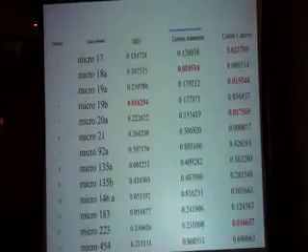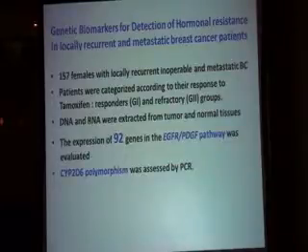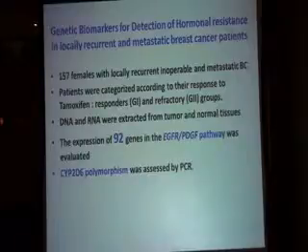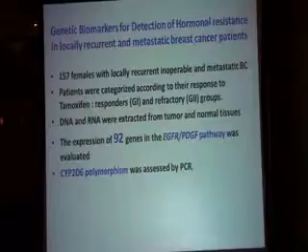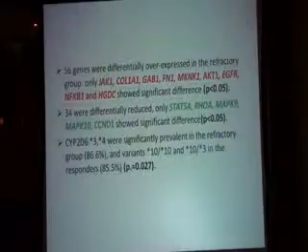Then we had a study on 157 female patients with locally recurrent inoperable metastatic breast cancer, and in this study, we looked for biomarkers in the EGFR platelet-derived growth factor pathway that can tell us who will be the responders and who will be the refractory, together with examining CYP2G6 polymorphism.